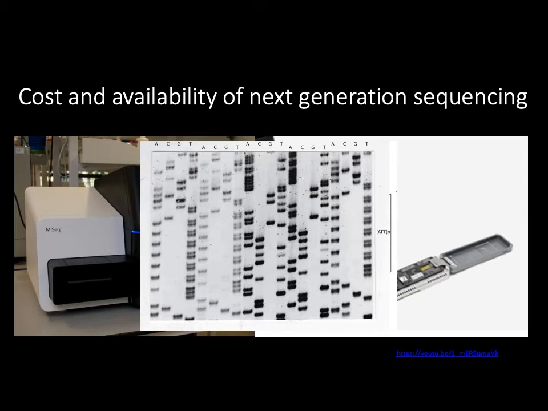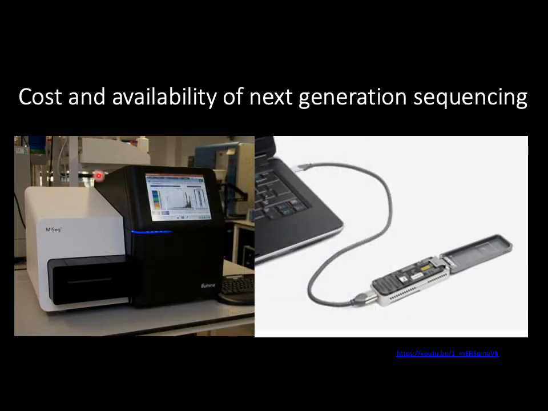Now the cost of next generation sequencing is coming down and availability is increasing. In the past, when we sequenced DNA, you would often produce a picture like this. Essentially, this is a film from a sequencing reaction, and we would sit and work out each of the bases in our sequence. Now we've got sequencers such as the MiSeq.